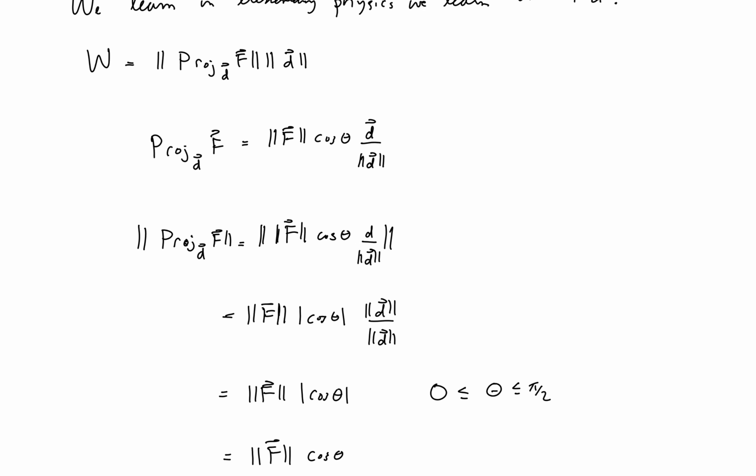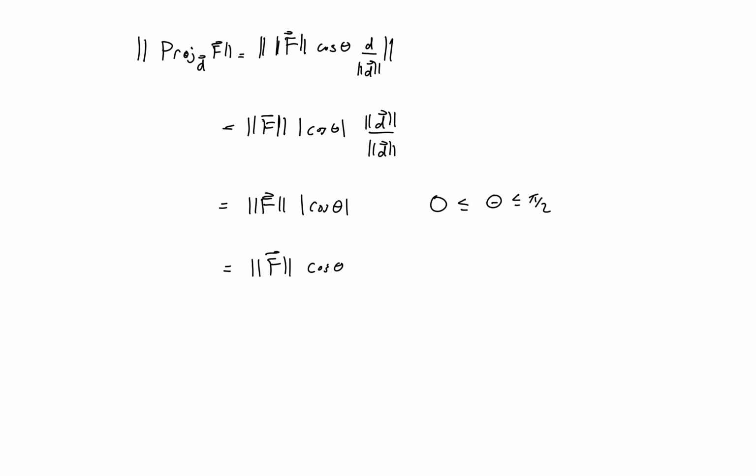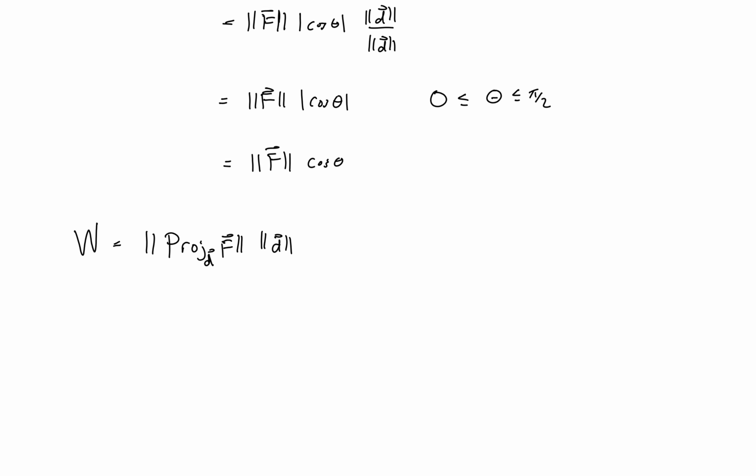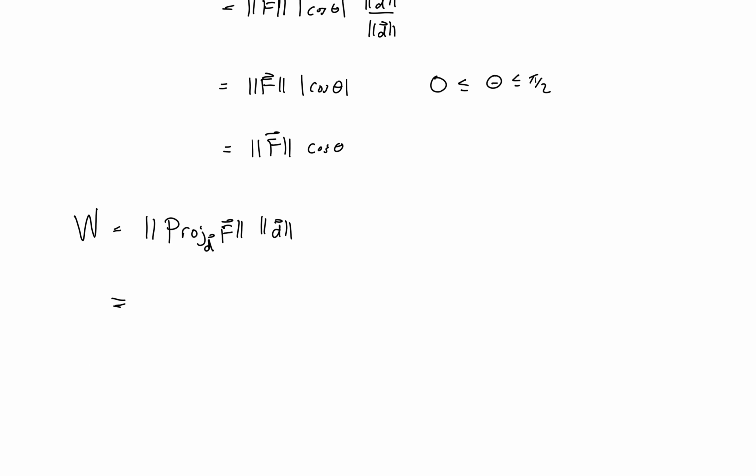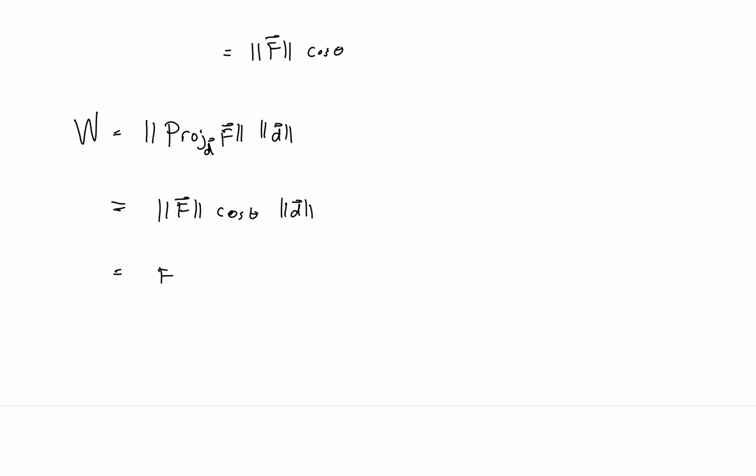So if we combine this back above with our work, remember our work was the magnitude of the projection times the magnitude of the displacement. So substituting this in, I have the magnitude of F cosine theta magnitude of D, which is exactly F dot D.